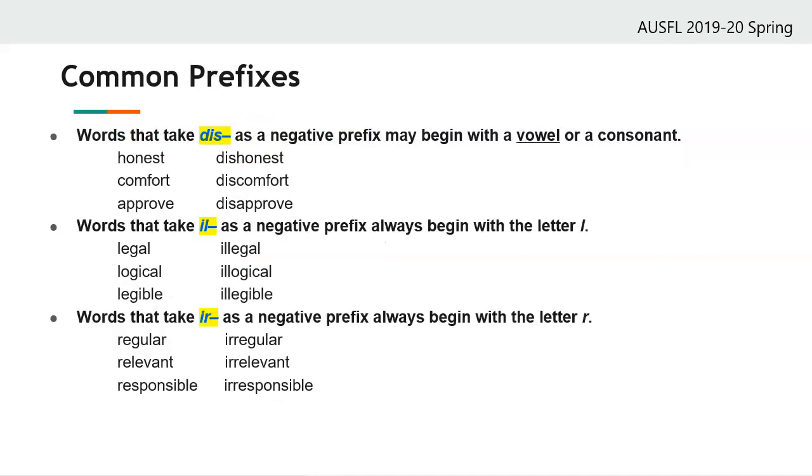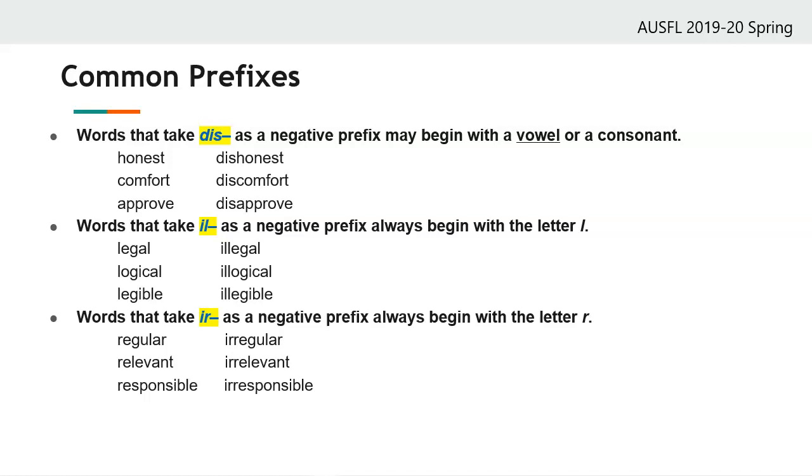Dis. Words that take dis may begin with a vowel or a consonant. The examples: honest, dishonest, comfort, discomfort, approve, disapprove. Il. Words that take il always begin with the letter L. Examples: legal, illegal, logical, illogical, legible, illegible.